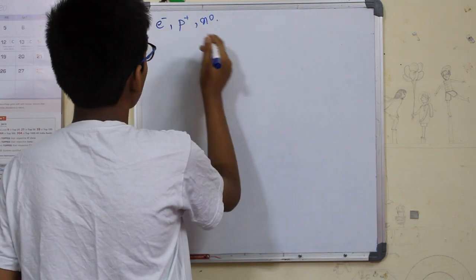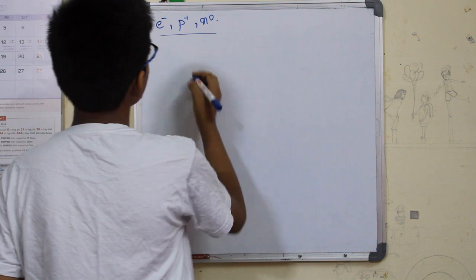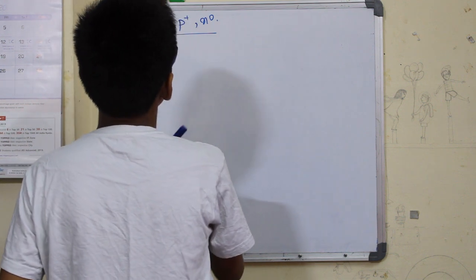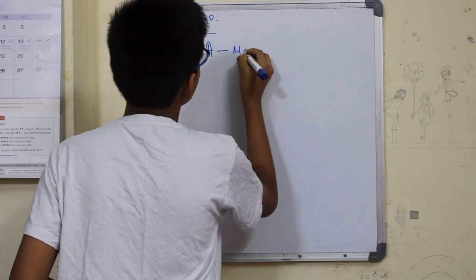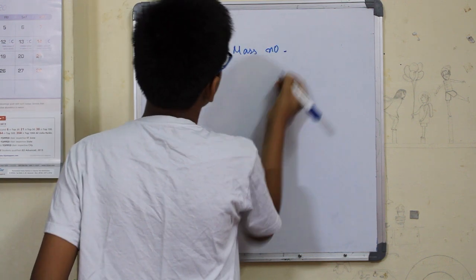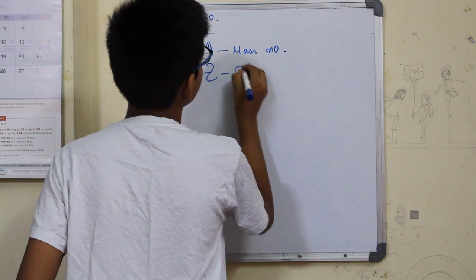Electrons, protons and neutrons are found by, we have an atom, this is the mass number and this is the atomic number.